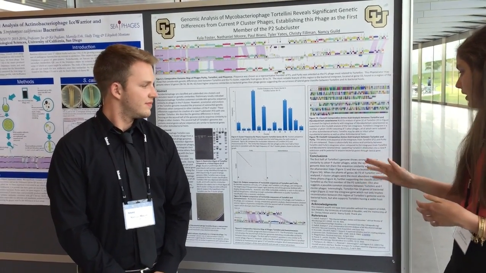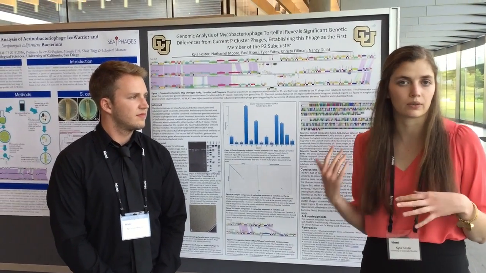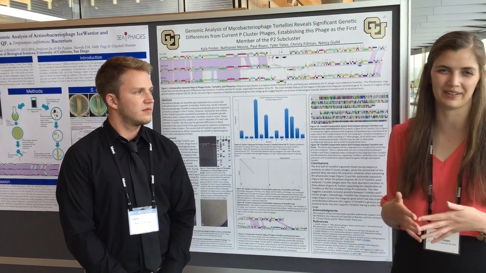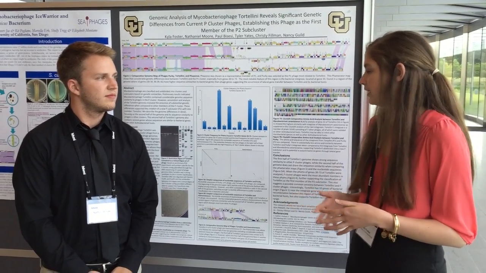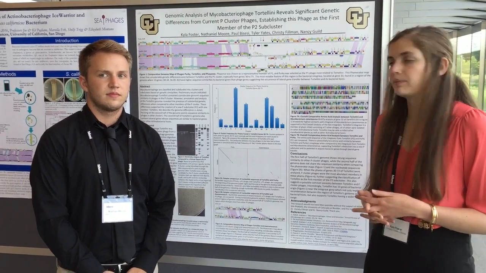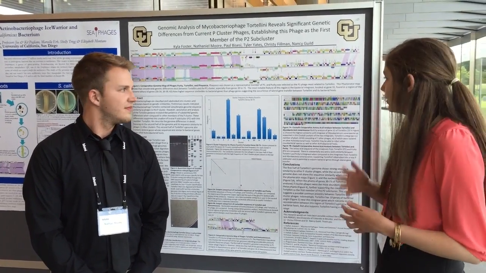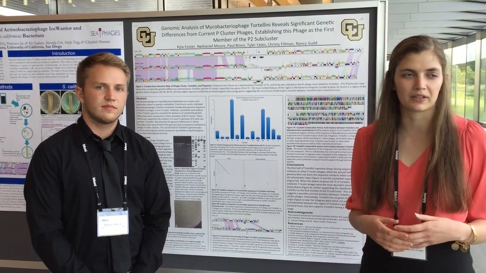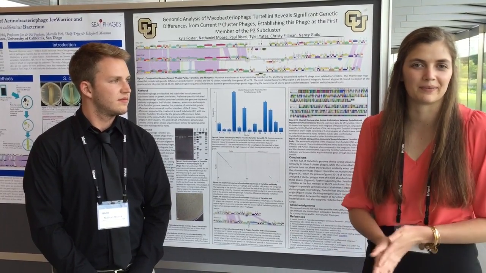And as Nate touched on, when the phams of genes 30 through 73 in tortellini were analyzed, it showed a high pham similarity with the F cluster. And that kind of gave us a little insight into a possible ancestral relationship between tortellini as a P2 cluster phage and the F cluster as well. And we went over the bacterial similarities that we found, which can also give us insight into some of that lateral gene transfer history that we assume.